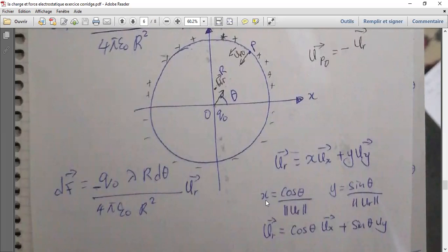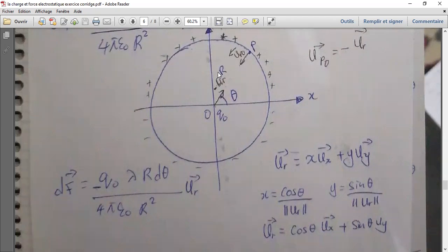So since X is the adjacent, it is divided by UR, which is the hypotenuse. This UR is in the form of a module, and you know that a module is the square root of UR squared, and UR squared is always equal to 1.